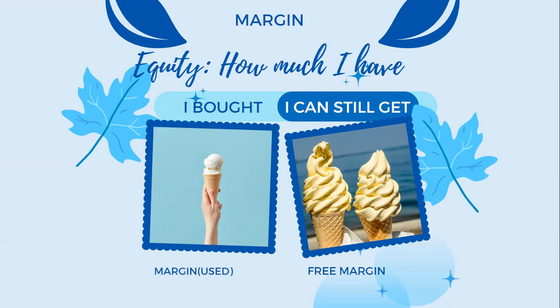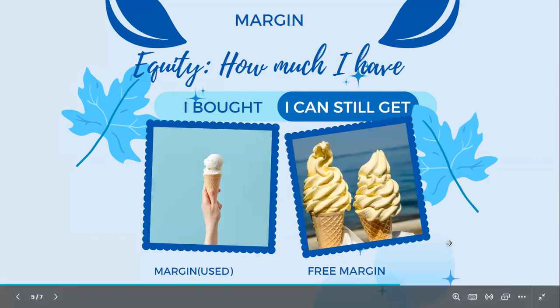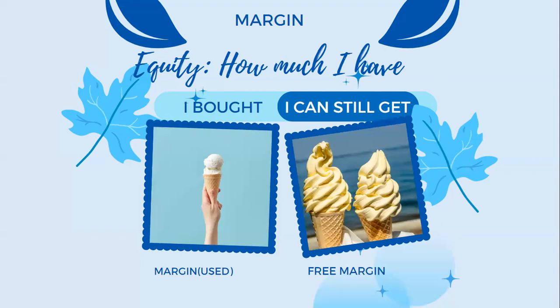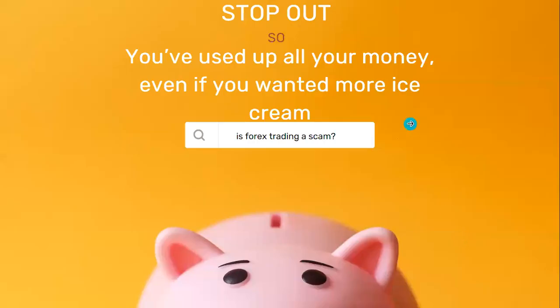That's why MetaTrader or whatever trading platform will say no money or not enough money. You won't have enough money to buy a new ice cream. You would need to return one ice cream and then get a different flavor. All right, I hope this explains it, guys. I try to make this as simple as possible by using an ice cream scenario.